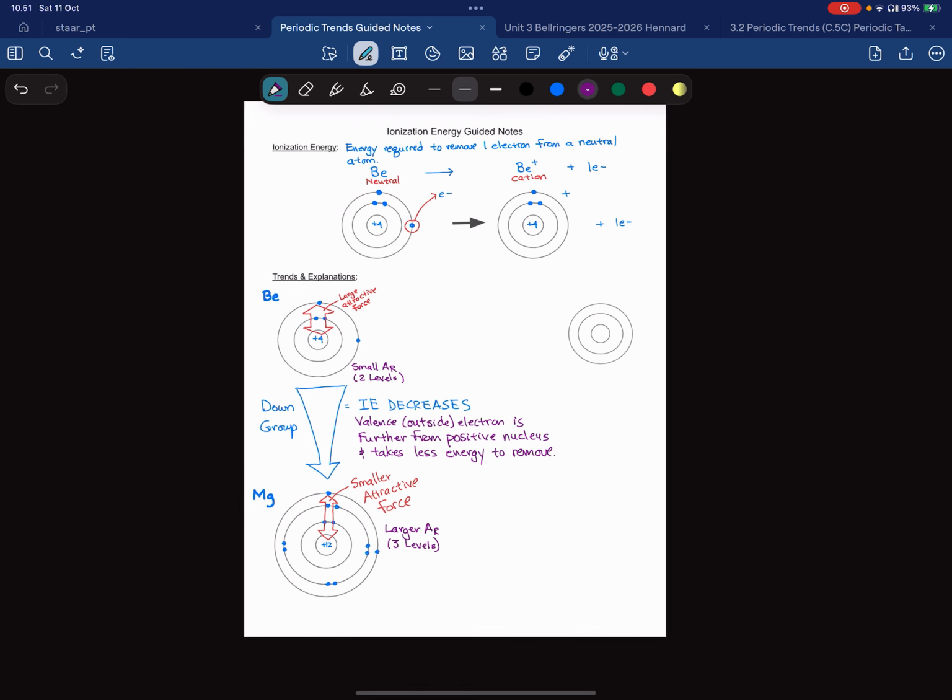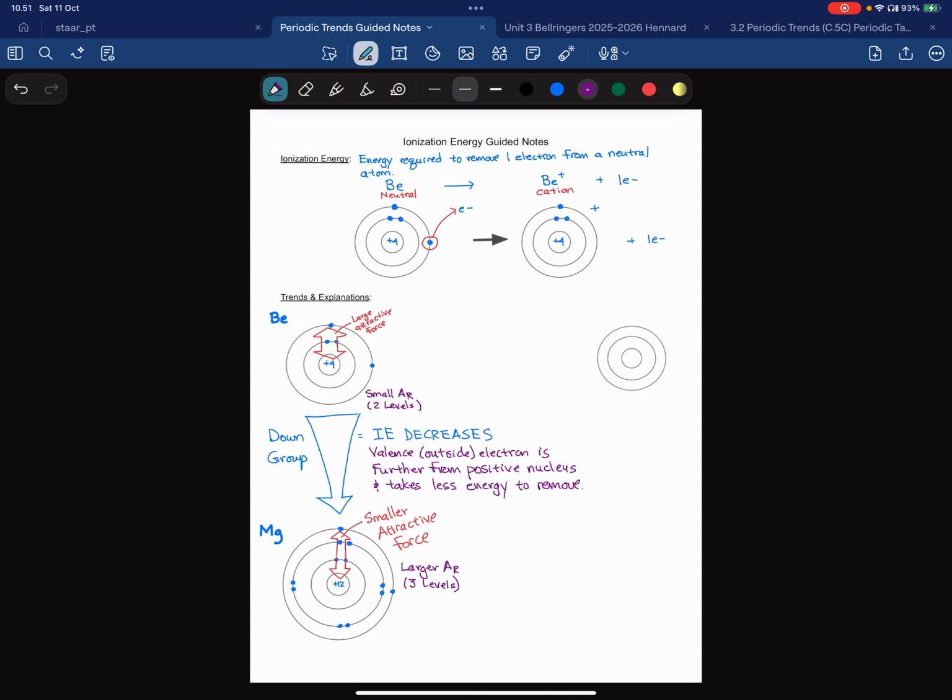Easier to remove electrons as you go down the group. And that's it for that one.